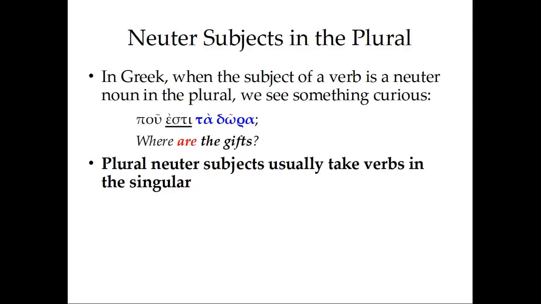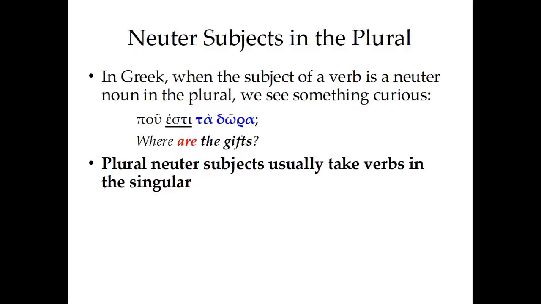There are different explanations for why this is the case. Usually, probably the best explanation is that neuter plural nouns are thought of as a single group of things. This extends even to a noun like teknon, for instance, which means child, usually one's own child.